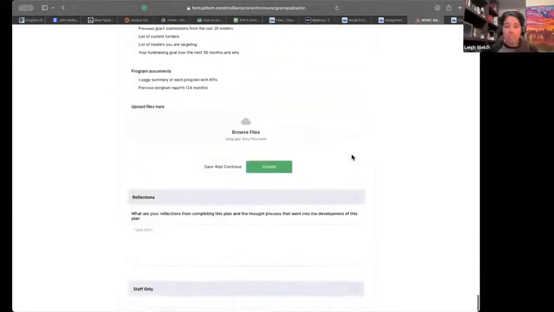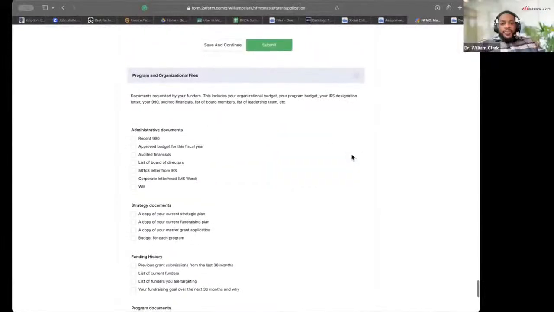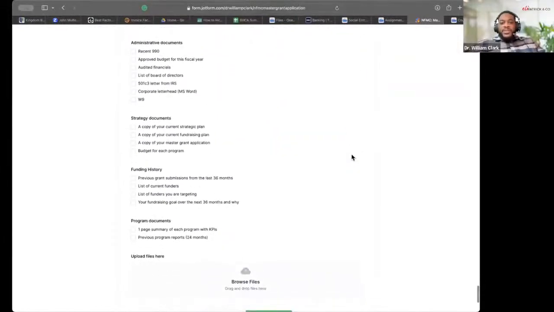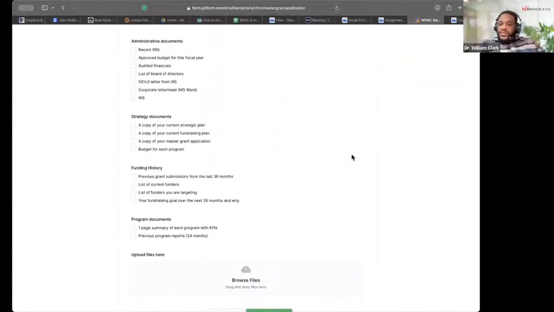Okay. Organizational files. This is not exhaustive. This section is not designed for you to go find this stuff, especially if you're doing this for the first time or for an organization you're not associated with.